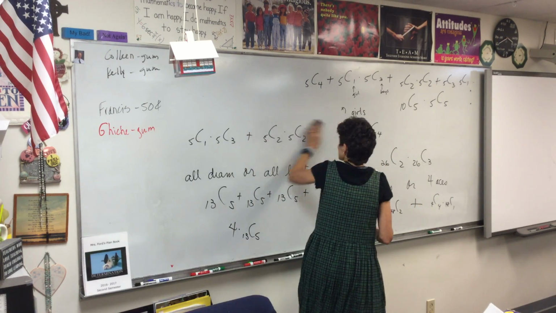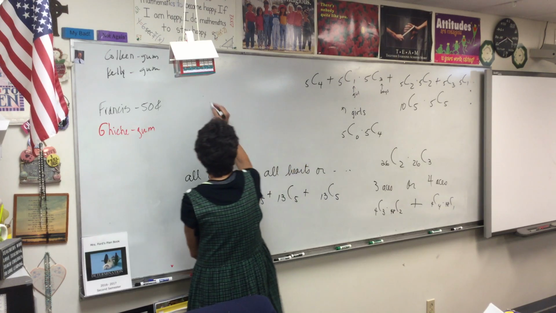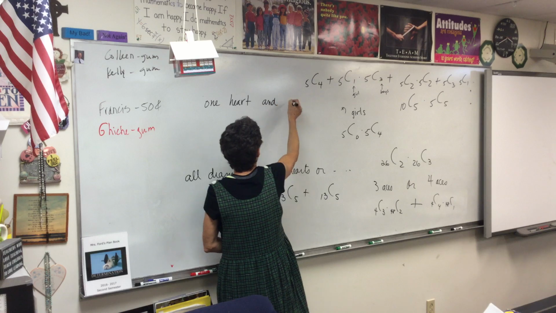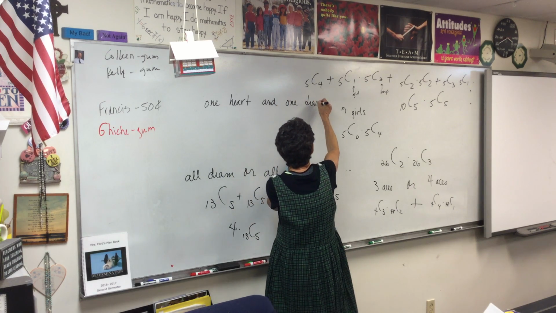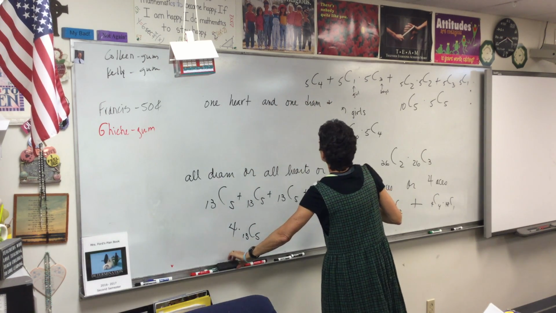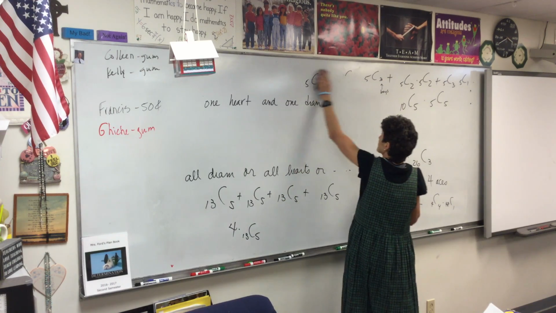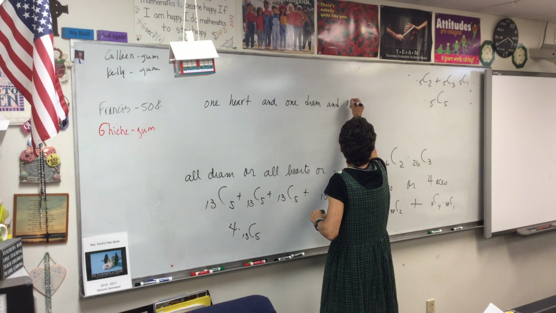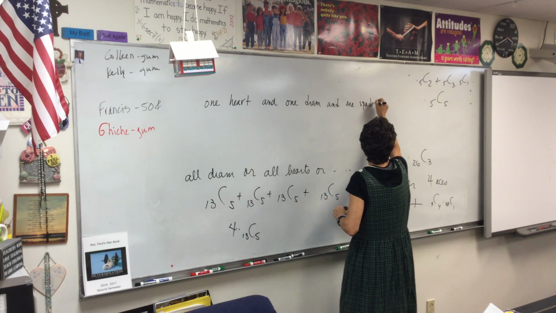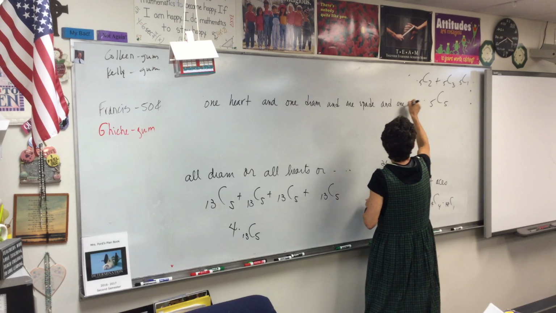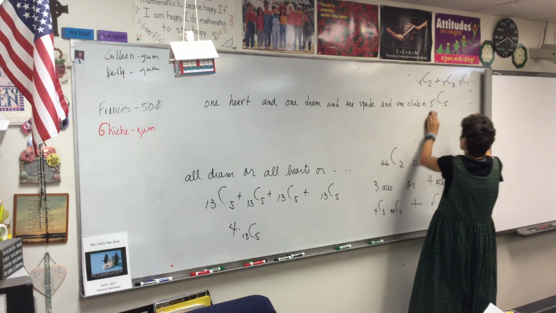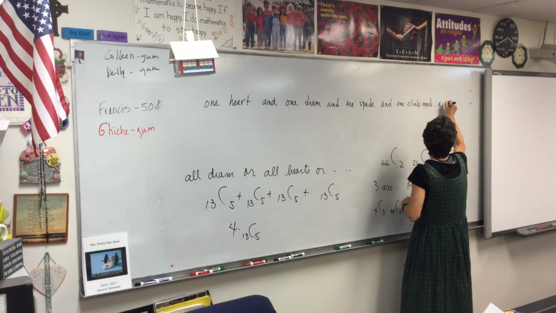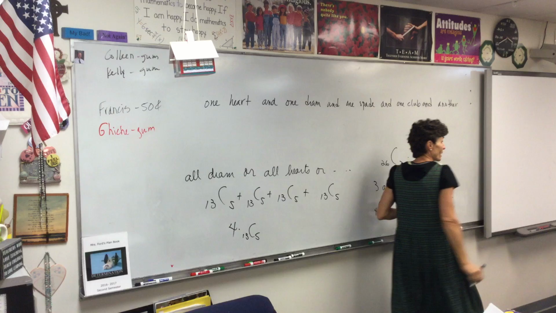How many ways do we have to have 1 heart and 1 diamond and 1 spade and 1 club and 1 other card? And we don't care what that other one is, right?